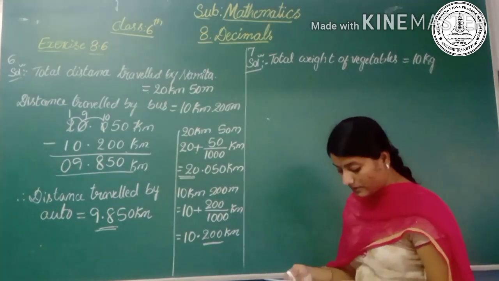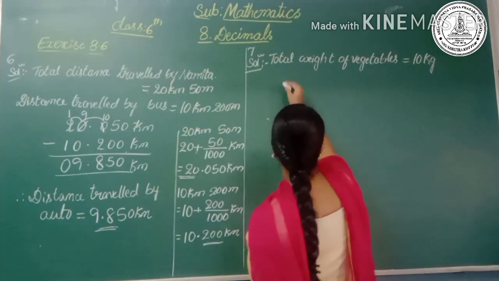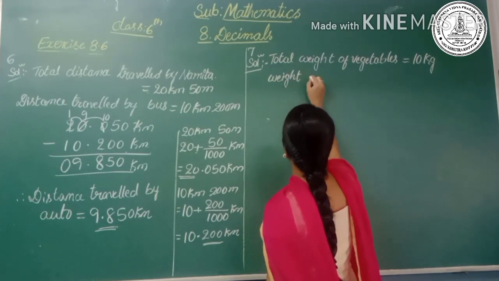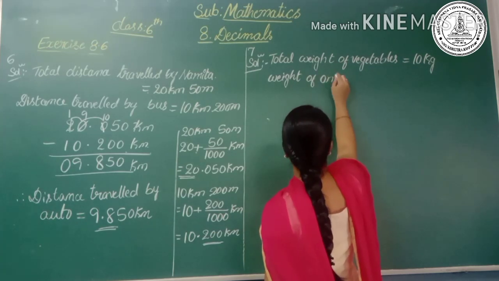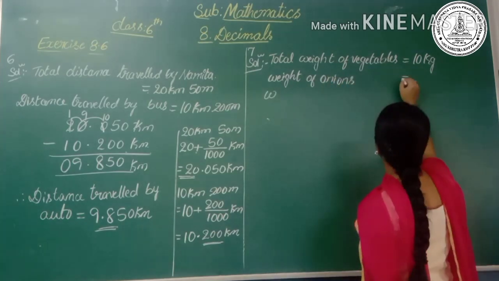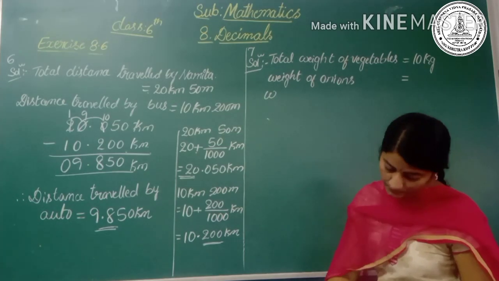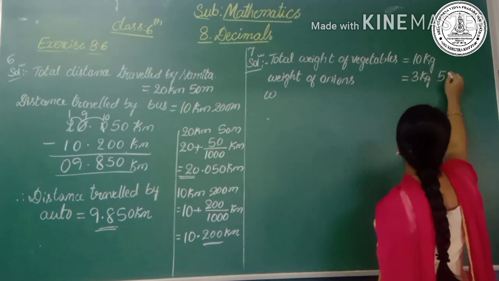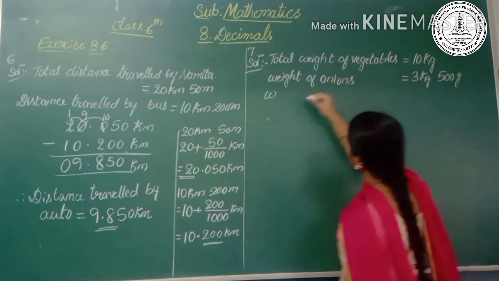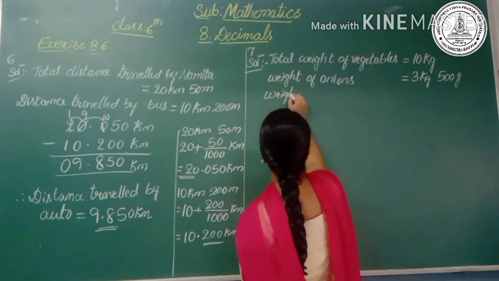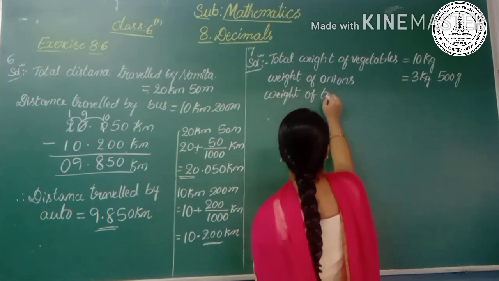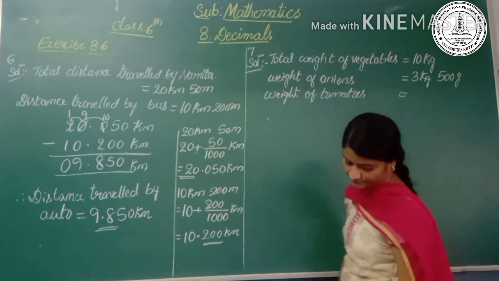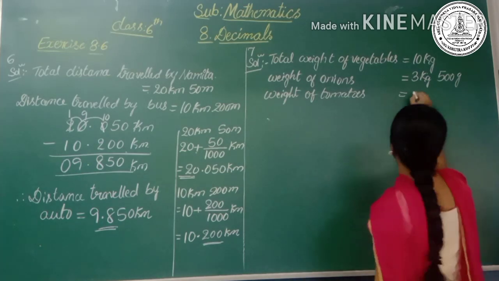In that, weight of onions is equal to 3 kg 500 grams, and weight of tomatoes is 2 kg 75 grams.